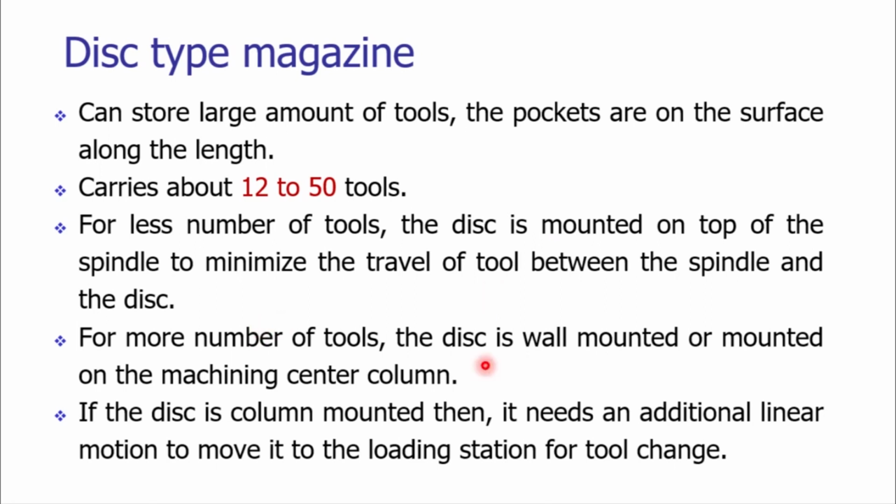If more tools are to be used, then we can have a wall mounted disc arrangement, or we can use the adjacent side of the machining center column. Of course, it will take certain time to get the tool from the wall mounted or column mounted facility.